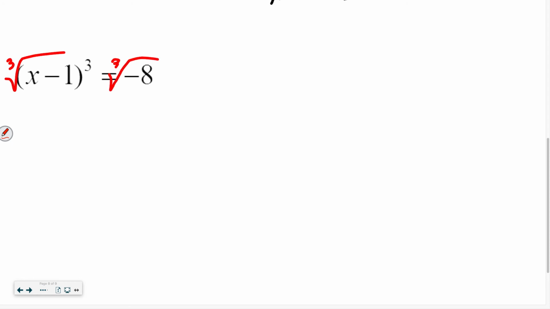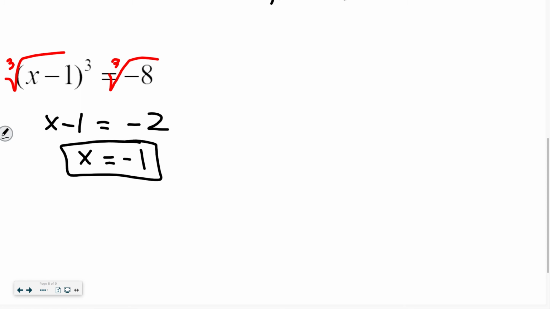I might worry about taking a cube root of a negative, but since it's odd, no worries, right? Cube root of negative 8 is negative 2. That's just equal to x minus 1. So then add 1 to the other side, and x equals negative 1. Check it. Negative 1 minus 1 is negative 2. Negative 2 times itself 3 times is negative 8. Have an answer.